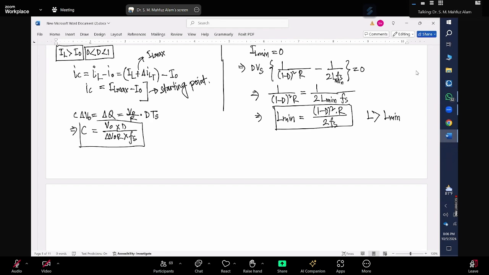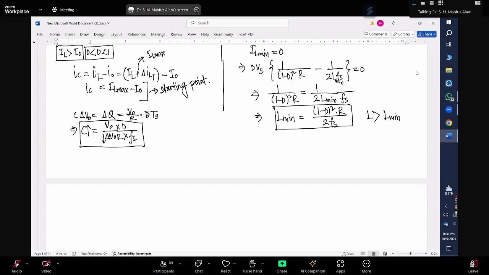So that should be the equation for your capacitor currents. And we have said so many times that if you want to reduce the ripple, the capacitor should have a higher value, right?